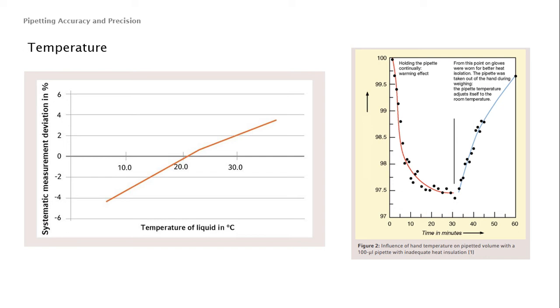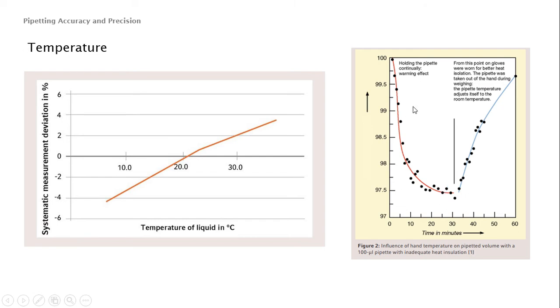We can see from the graph on the right side there are two parts. The first part is holding the pipette with your bare hands. On the right end is the effect of using gloves while holding the pipette.